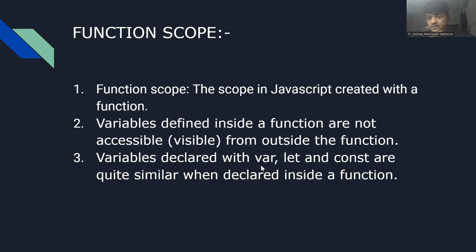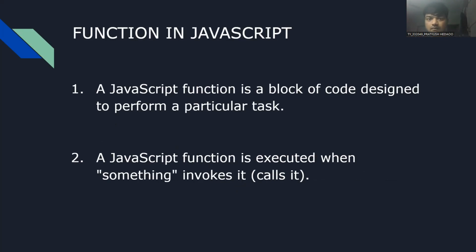When you assign a value to a const, the value doesn't change anywhere. But when you assign it with var or let, you can change or reassign the value. In const it doesn't work like that. Okay, so we are done with function scope.